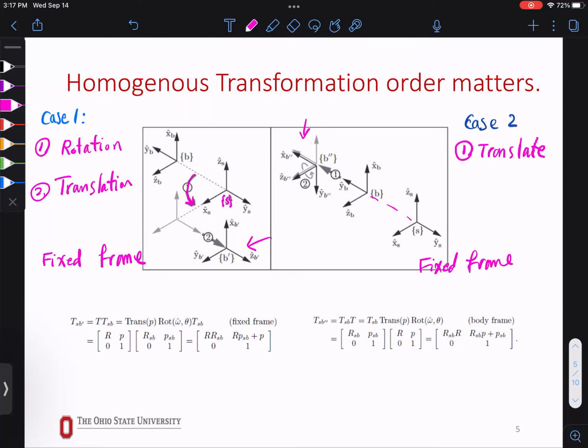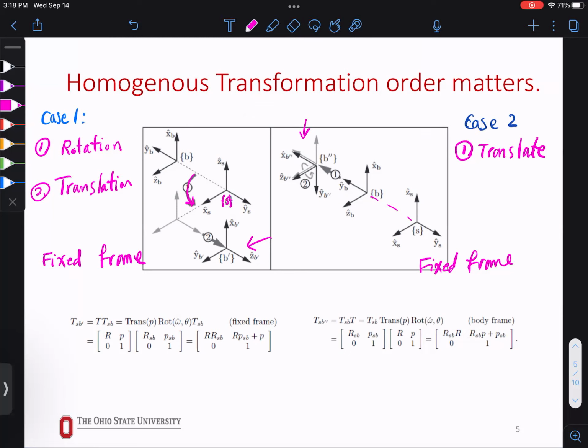All right. Now, if we are doing this in body frame, it will post multiply. So this was the original transformation. Now, in this case, I translated first, post multiply, and rotated second, post multiply, because it's in the body frame, and you get a solution.